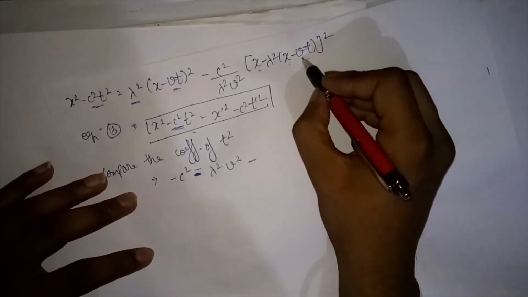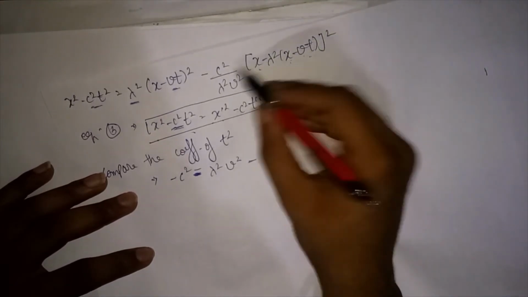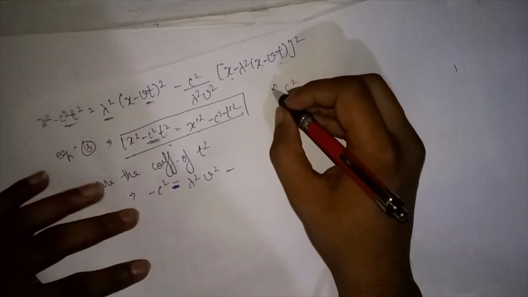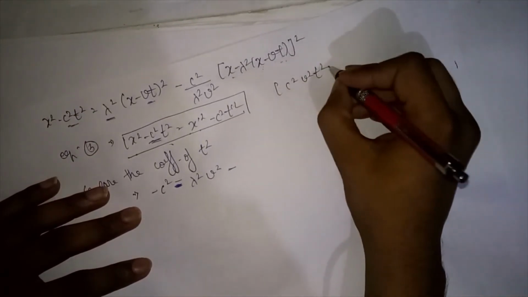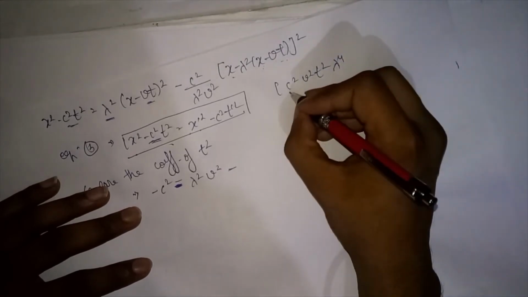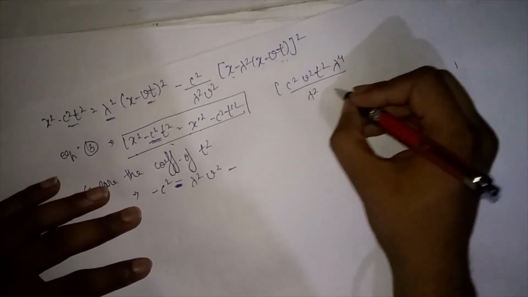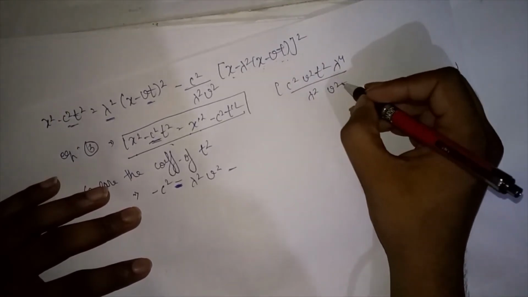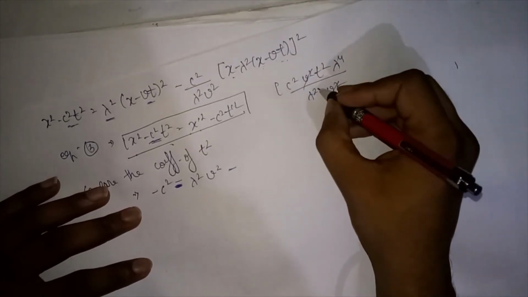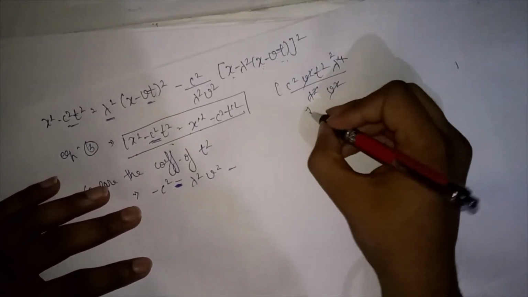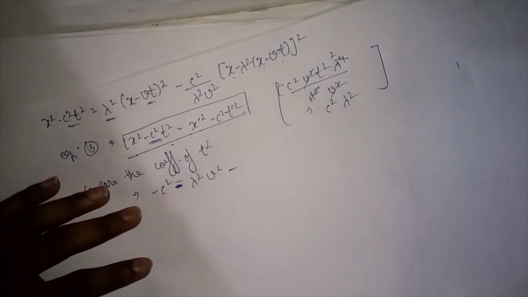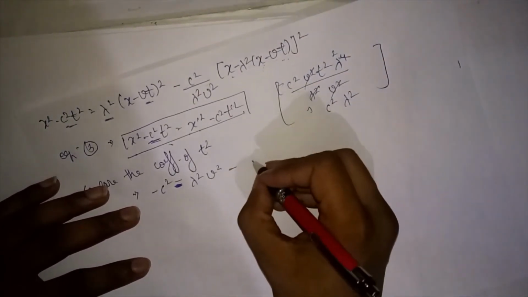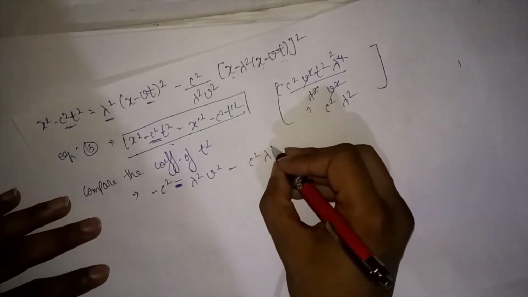So when we multiply this, it becomes c square v square t square lambda to the power 4 upon lambda square v square. So v square cancels out and it becomes lambda square. So the coefficient of t square becomes c square into lambda square.